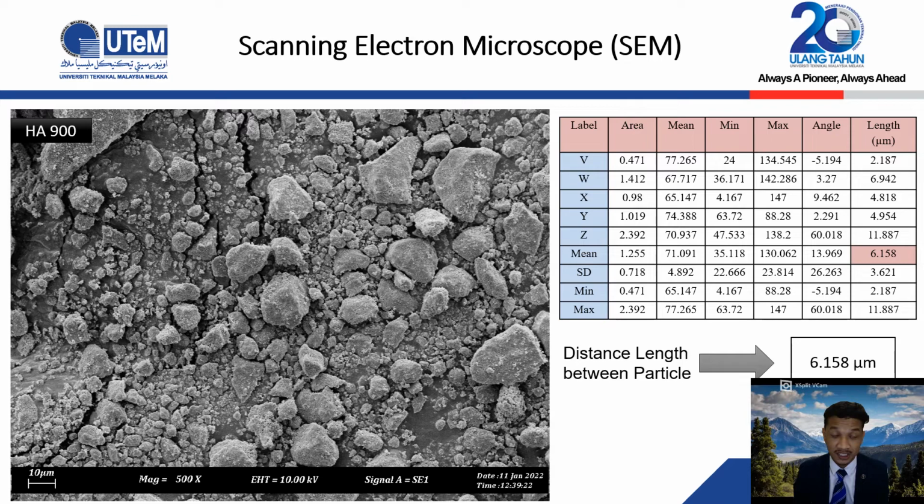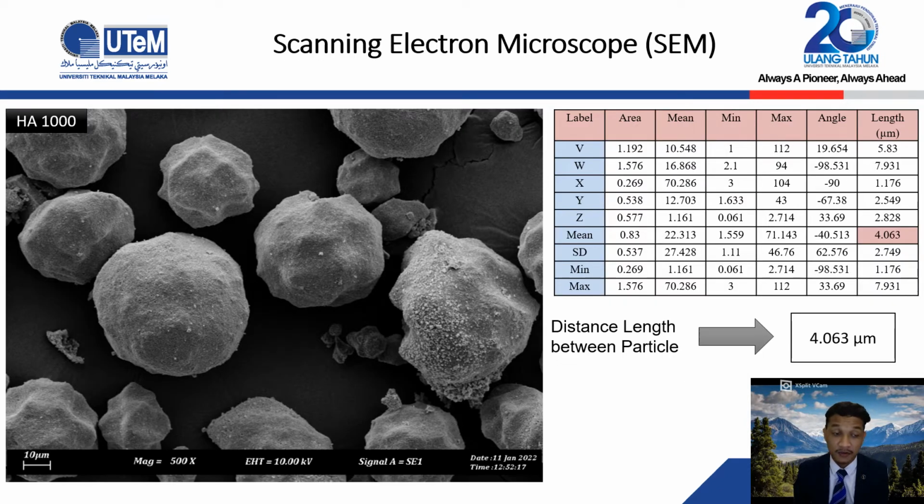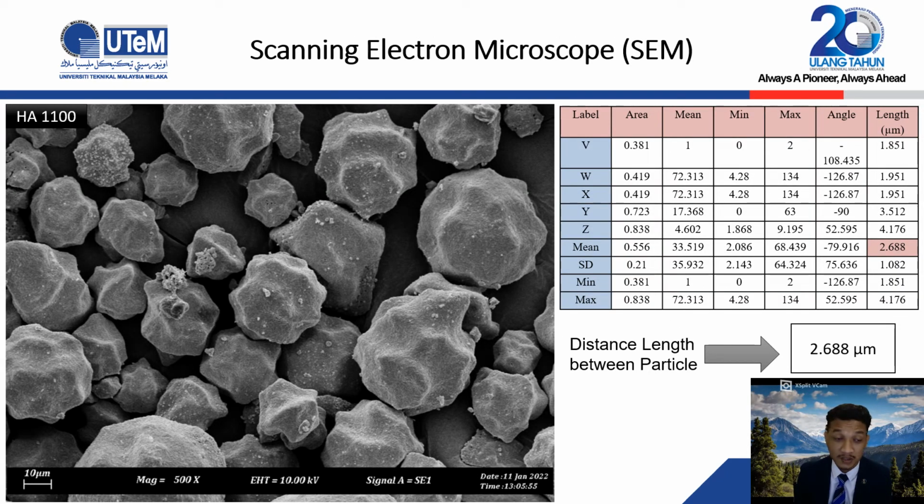Next, for HA at 900 degrees Celsius, the distance length between particles we get is 6.158 micrometer. For HA at 1000 degrees Celsius, we get 4.063 micrometer. Next, for HA at 1100 degrees Celsius, we get the value 2.688 micrometer.